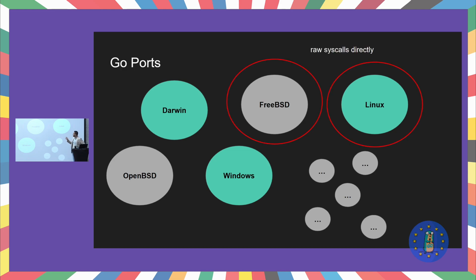Now, on two of them, Go makes syscalls directly: Linux and FreeBSD. And we know on Linux the case is more or less stable because the Linux kernel developers promised to give us stable ABIs. The syscall interface is not going to change, and nothing is going to break.